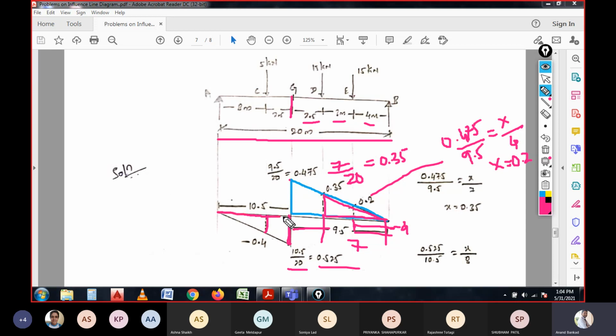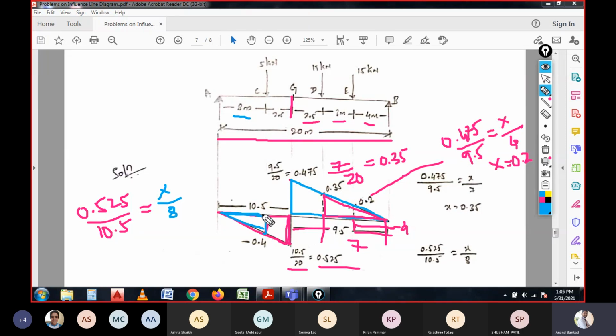If you consider this as a larger triangle and this as a smaller triangle, I can write the equation: 0.525 divided by 10.5 equals the unknown height x divided by the total span. How much is it? Here it is 8 meters.